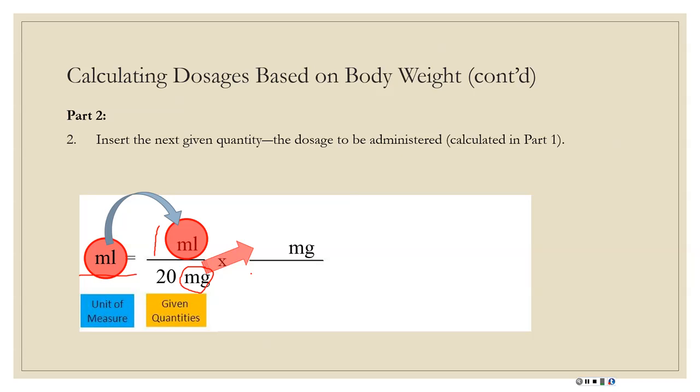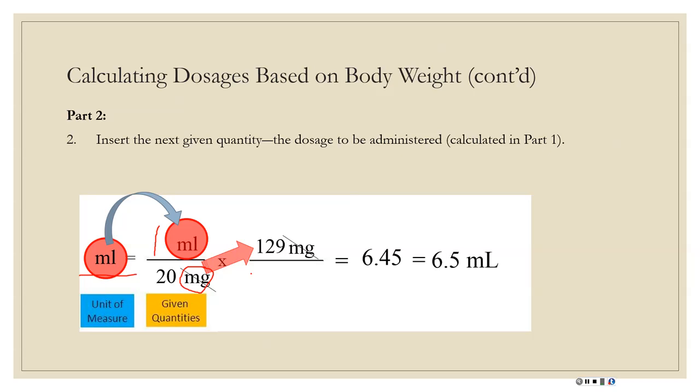So for this step, we're going to look back at part 1, and we are going to insert how many milligrams we figured out we were going to administer, which was 129. And then we're just going to go ahead and cross out our milligram labels, and we can enter this into our calculator. 129 divided by 20, we get 6.45.